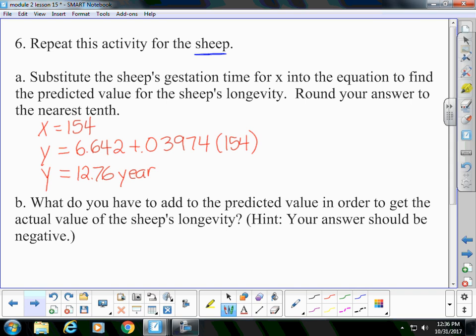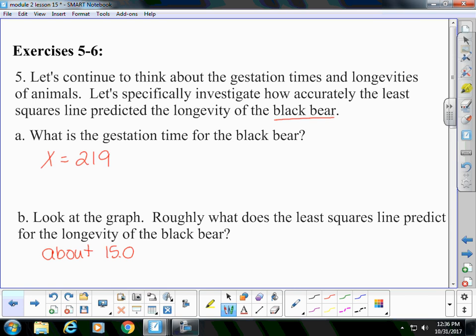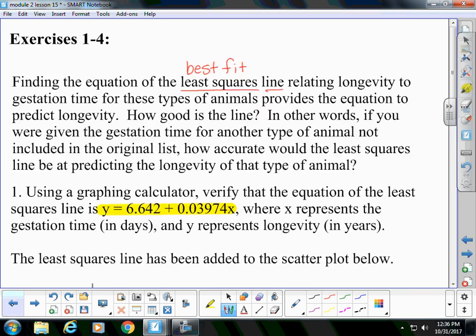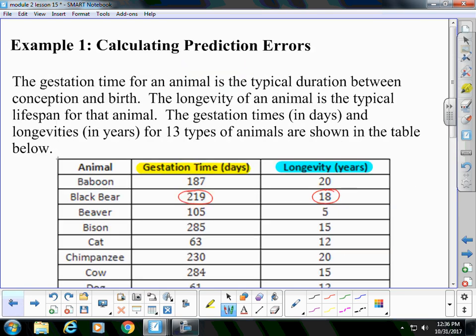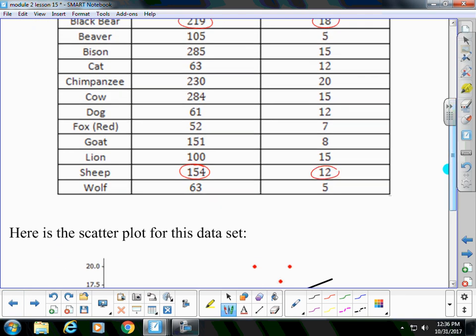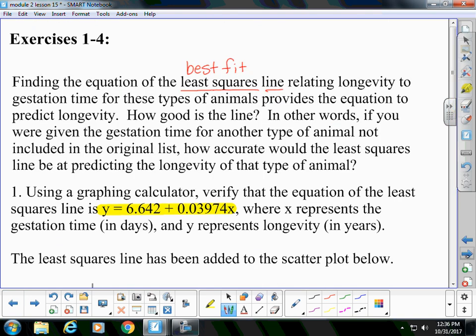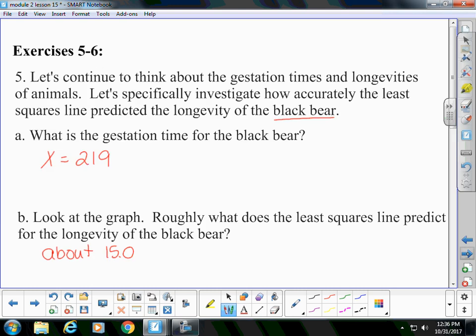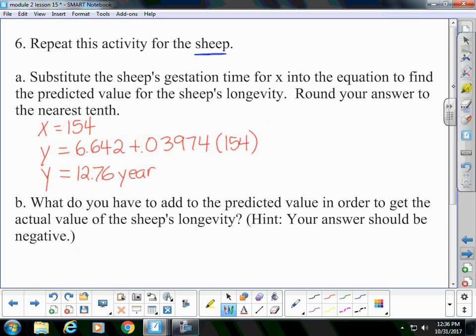It says, what do you have to add to the predicted value in order to get the actual value for the sheep? So this time, let's go back and see what the sheep's actual is. I think it was 12. Yep, it's 12. The table doesn't hint that this time it should come out to be negative.